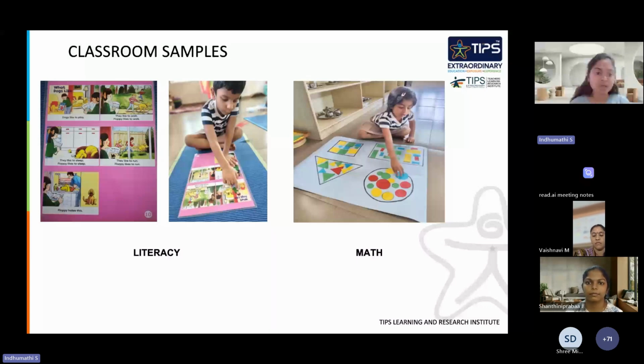This particular learner, when he was reading this ORT card, asked me, why, auntie, is Floppy sad only in the last image? I asked him, why do you think so? He just took a look for a minute and said, yes, I got it.